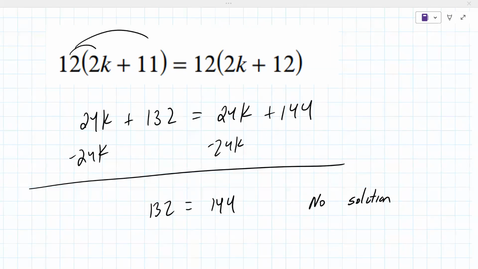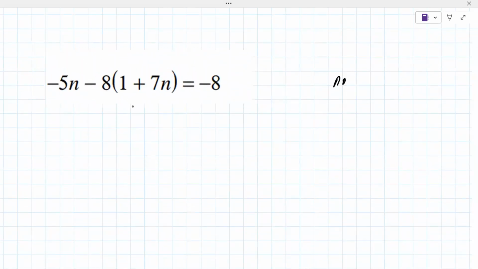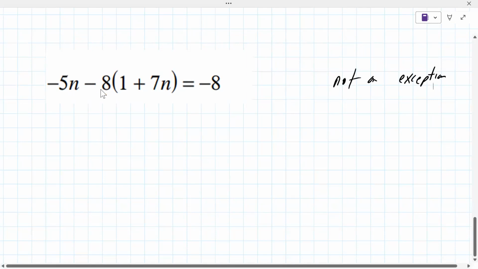But this is not to be confused with the following. Let's look at this one, and this is not an exception. This is not an exception, but for some reason it gets perceived as one. So this time we're going to distribute the -8 to both terms here.